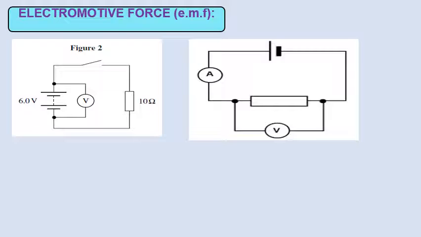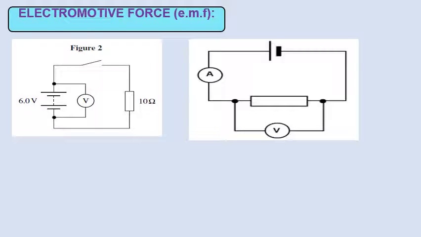Okay? Ammeter is used to measure the electric current intensity, but voltmeter is used to measure the potential difference. Ammeter is connected in series connection, but voltmeter is connected in parallel connection.